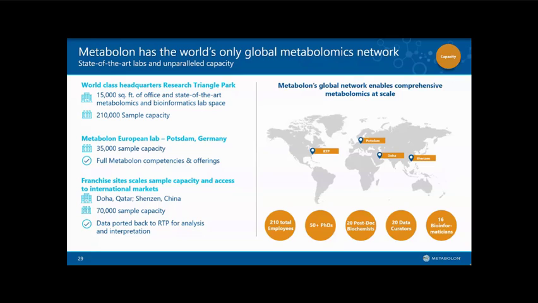Each one of these labs have their own sample capacity, but at the headquarters in Research Triangle Park, we can run over 200,000 samples a year. This means that we have the ability to support research on small pilot-level research-based projects all the way up to very large population-type research projects to be able to support you throughout your pipeline needs.